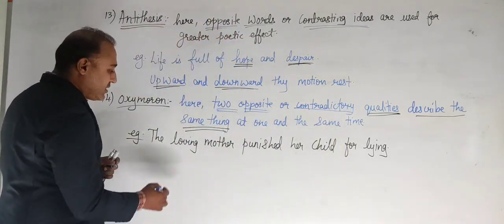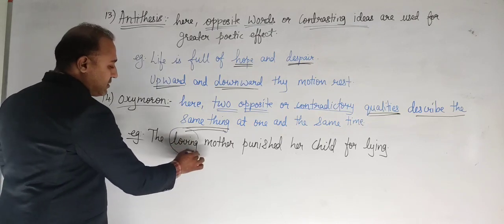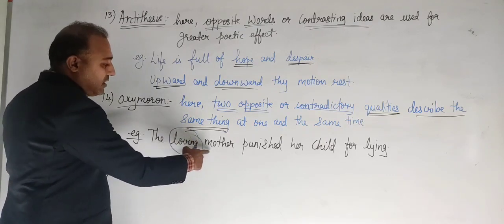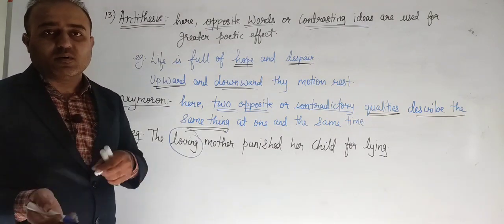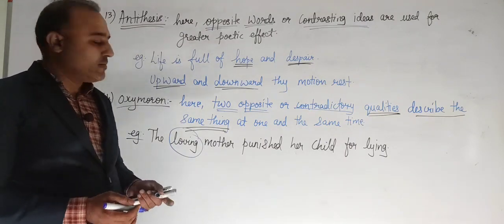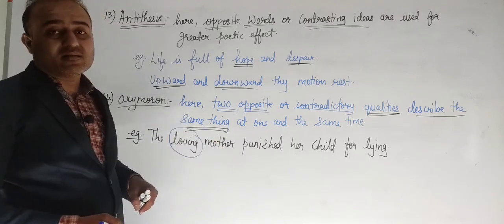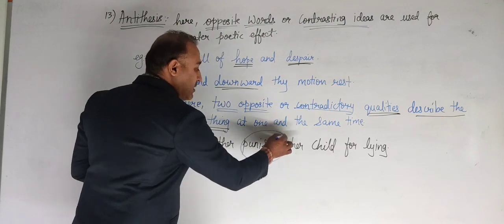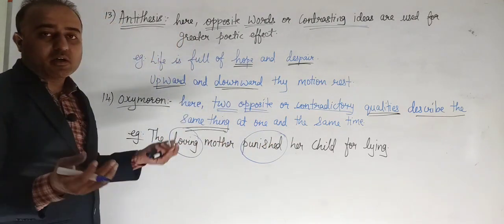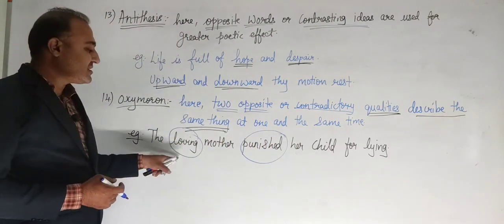So what are the qualities over here? One side we are saying that the mother is loving, so the loving mother, right? If she is loving, do you think the mother will punish the child? No. But here the opposite thing is done, right? The loving mother punished her child. So two contradictory qualities are written together in the same sentence.